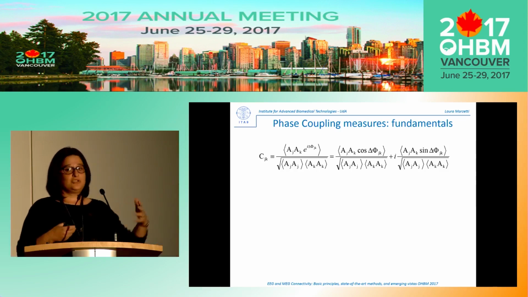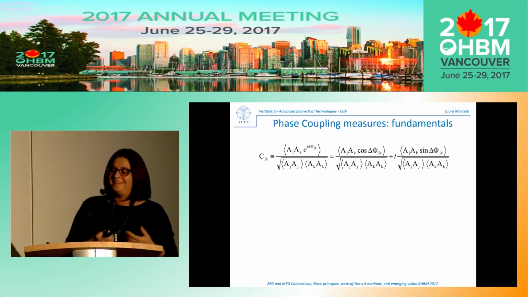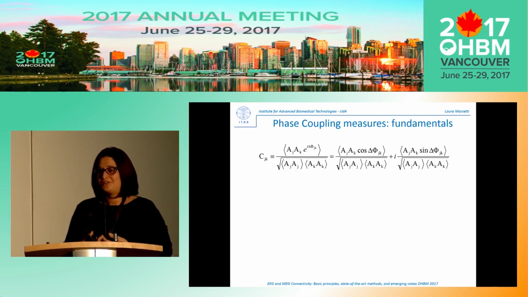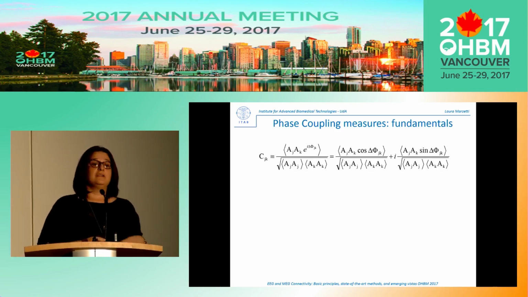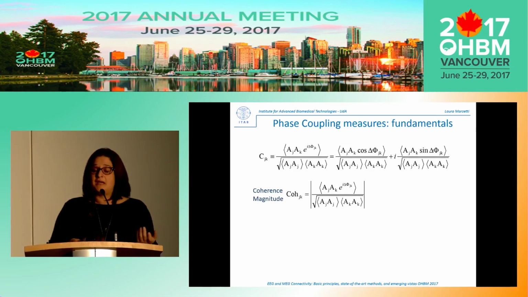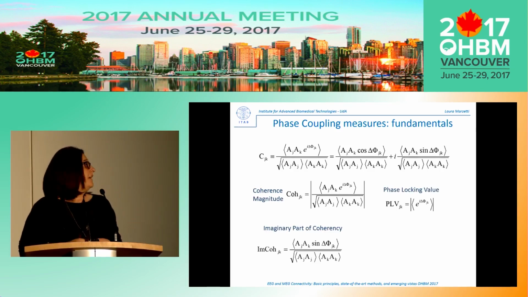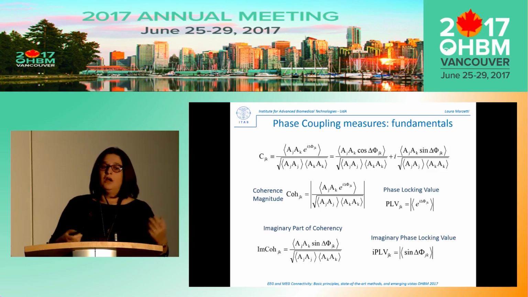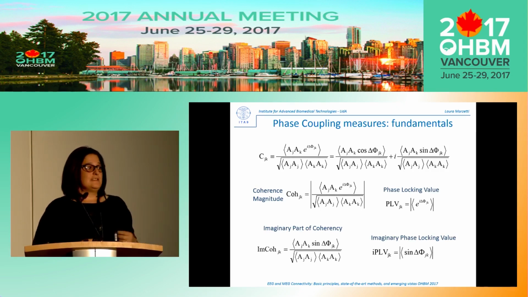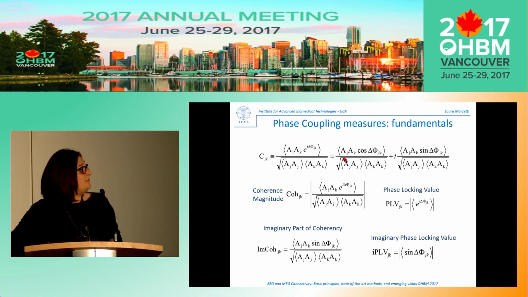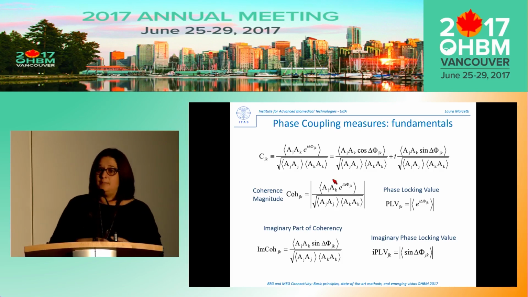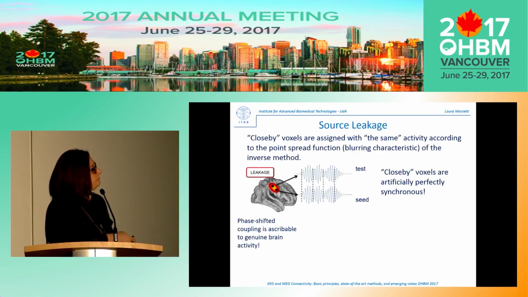It's a complex value, which is a normalized value, and the importance of normalization, which was mentioned before, still holds for this kind of measure. From this building block, you can extract coherence magnitude, the phase locking value, the imaginary part of coherence, or the imaginary phase locking value, or many more quantities that differ, for instance, in the normalization factors, or some slight differences. But all of them come from this idea of synchronicity that I've been depicting with the previous picture.